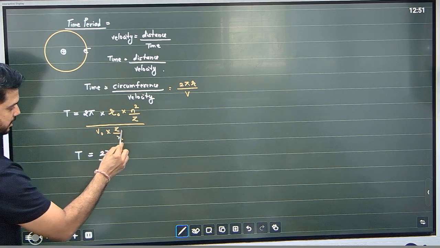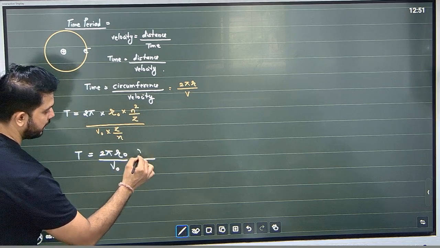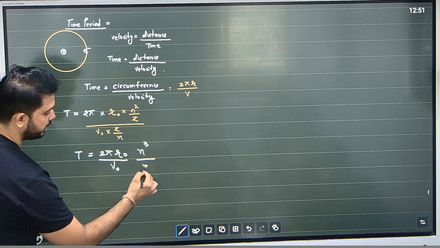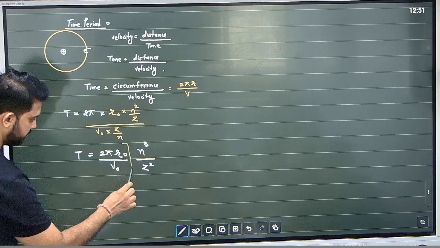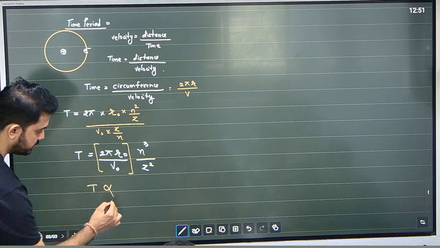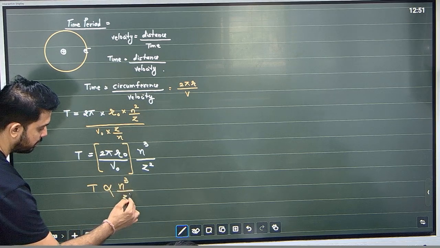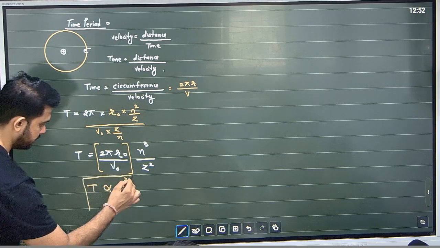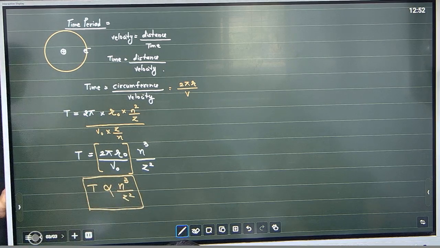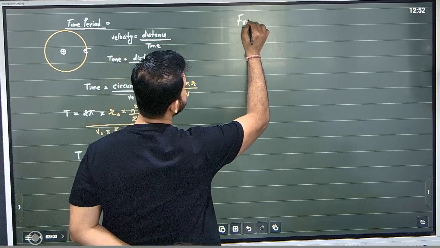This z goes up, this n goes here, and n cube by z square, therefore time period is directly proportional to n cube over z square. What is the relation between time period and frequency?